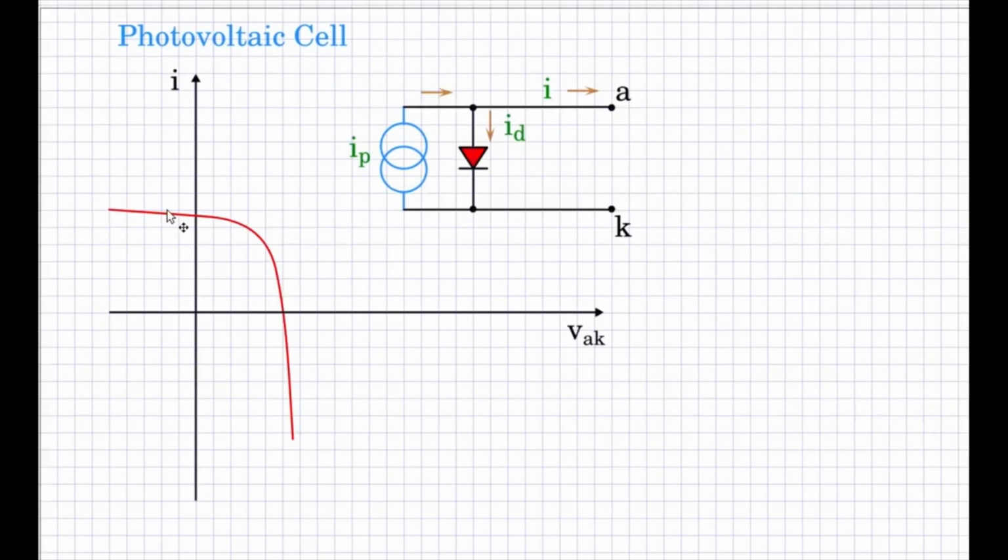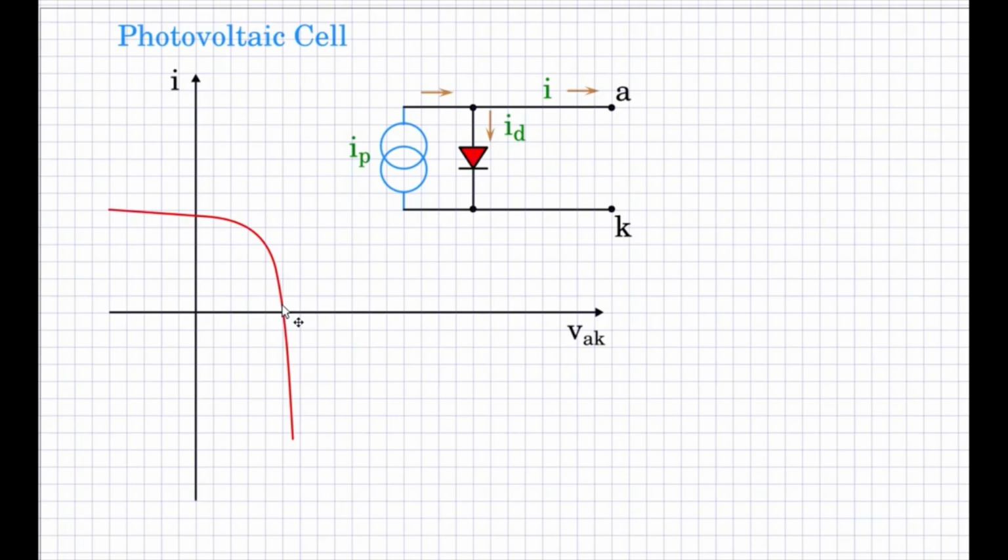Consider the IV characteristic of a typical photovoltaic cell. Observe that for some portion of the IV characteristic, the photovoltaic cell behaves as a more or less constant current source. For another portion of the characteristic, the photovoltaic cell would behave like a more or less constant voltage source.